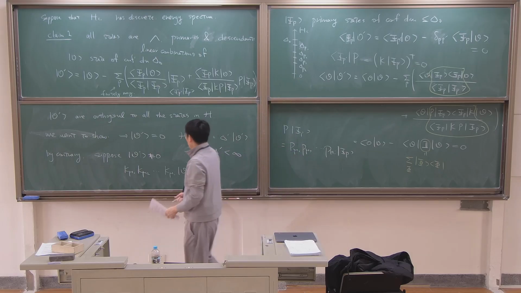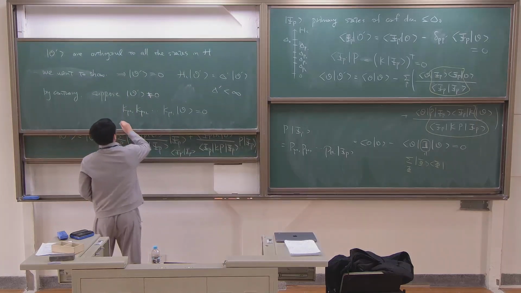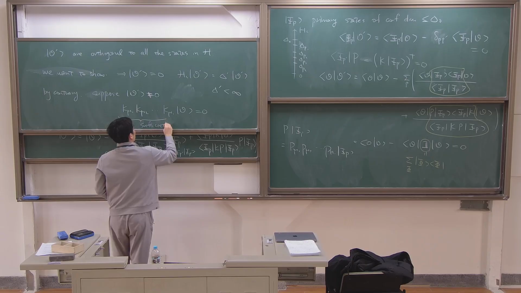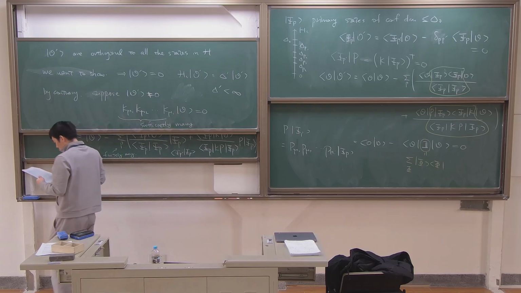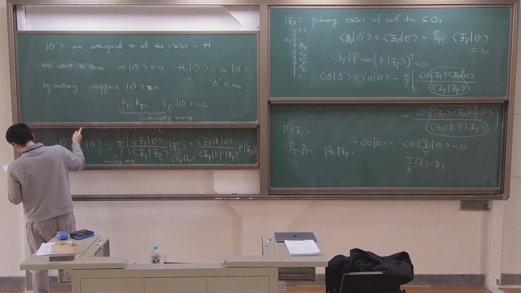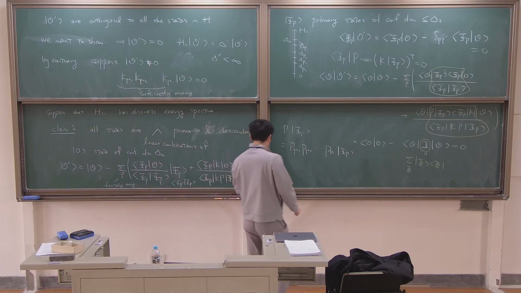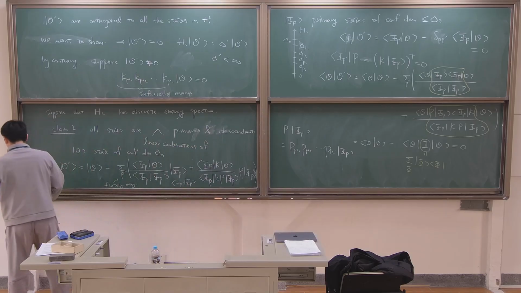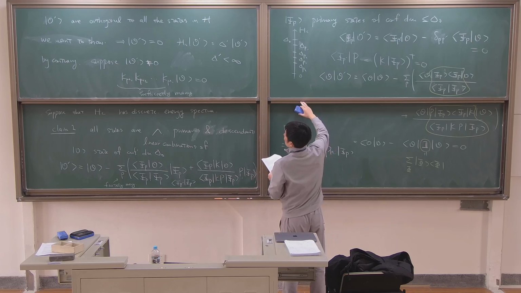So therefore, if you act sufficiently many K on the operator O prime, you get the vanishing state. But this contradicts the following thing.